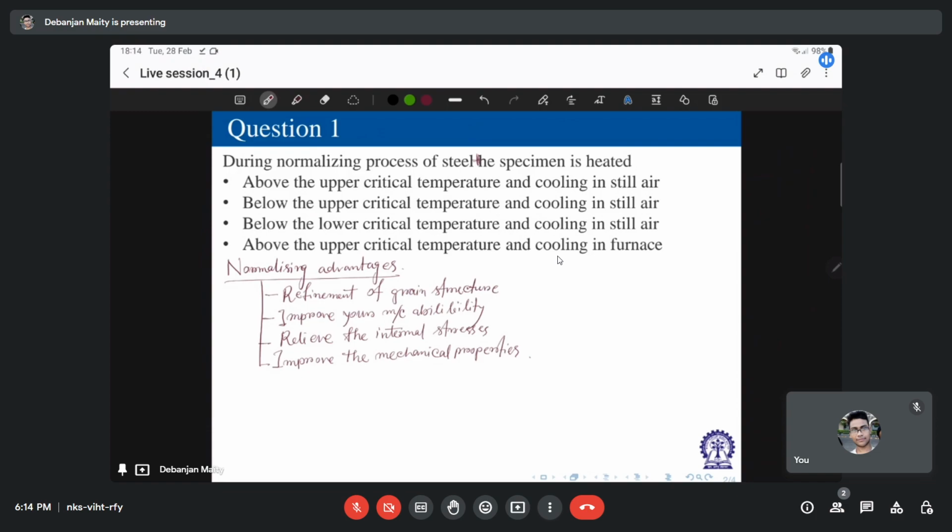These are some salient features of the normalizing process. Whenever you do normalizing, you will always get these kinds of advantages.